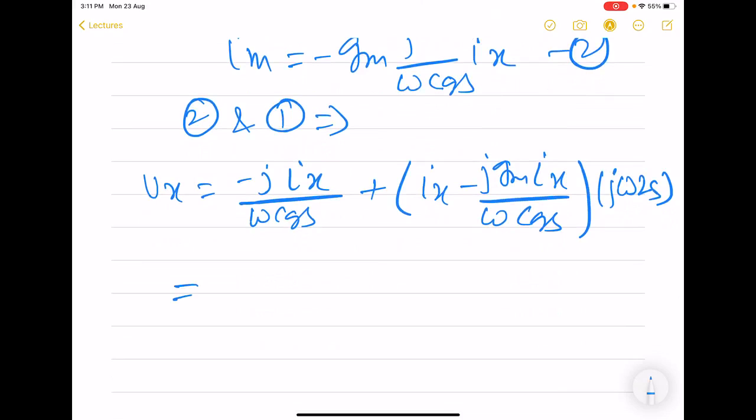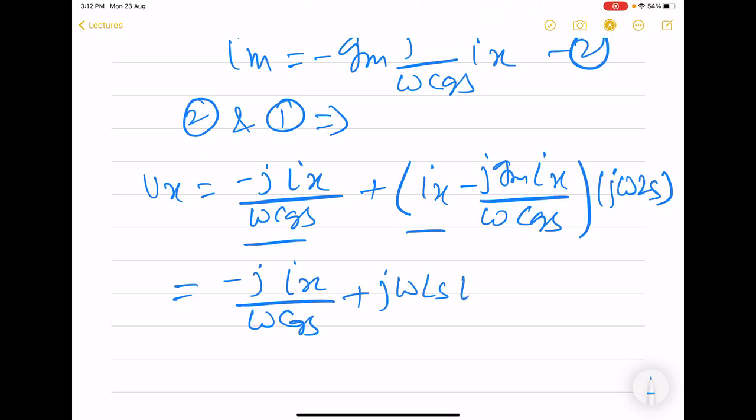So here we see that we have both imaginary and real parts. So we can separate out the imaginary parts, which is this term and this term. So we have minus j Ix by omega CGS plus j omega Ls Ix.